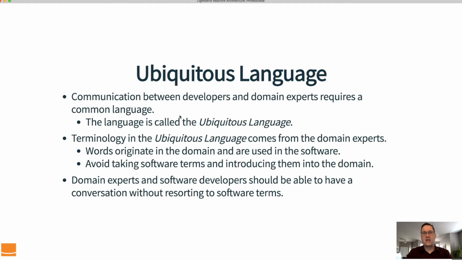The reason is because they might come back to us and say, oh, actually, we do have a word for that. It's X, whatever X is. And so it's always very important to keep that communication going, and to do it in such a way that it allows you to maintain a conversation. If we start using highly technical terms like databases and database terms maybe, and event bus and entity and all of these types of things, our domain experts are going to get lost because they don't know what these things are.